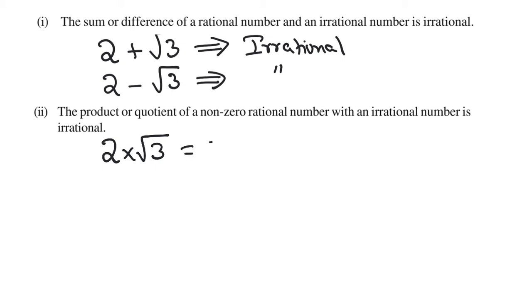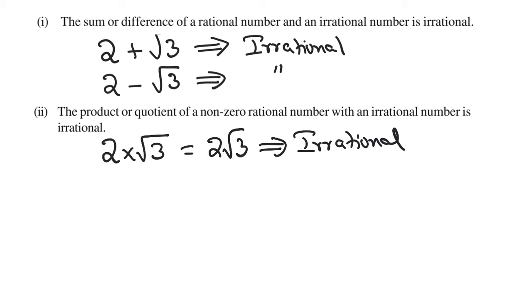The product is 2 root 3, which is also irrational. So we learn that the product of a rational number, of course the number should not be 0, multiplied with an irrational number will always be irrational.